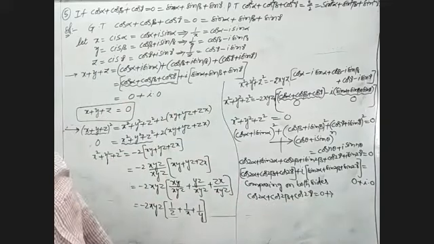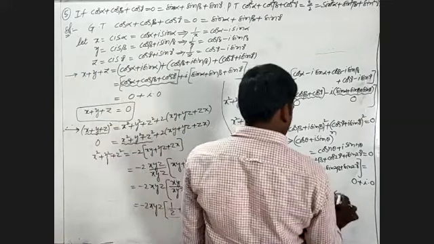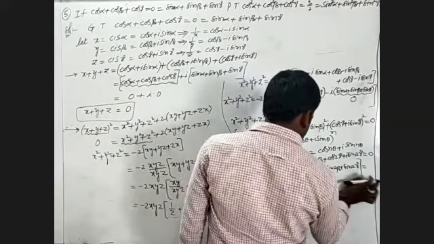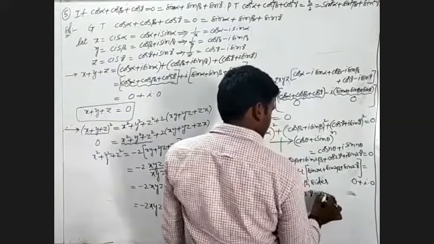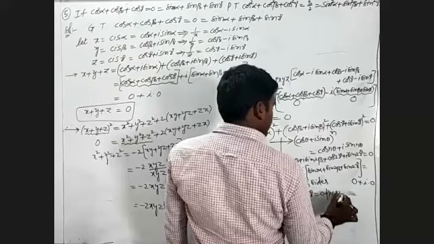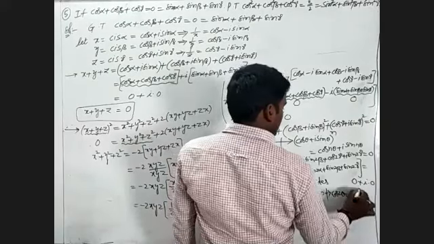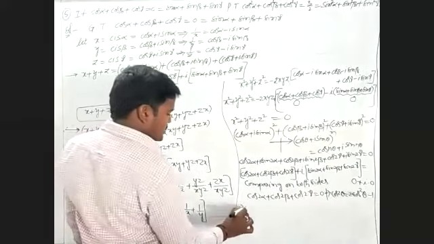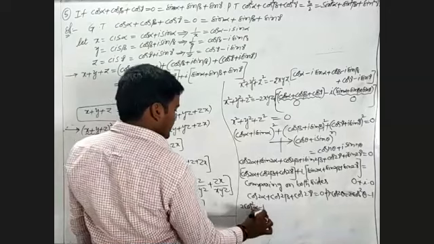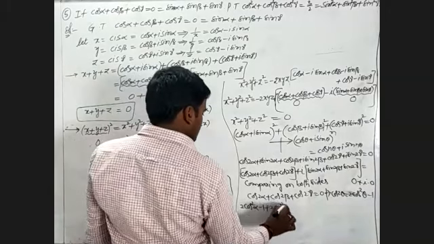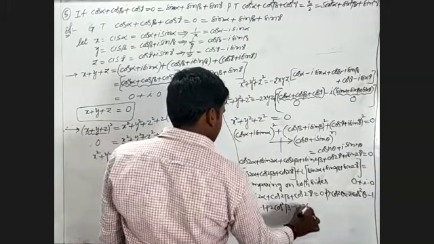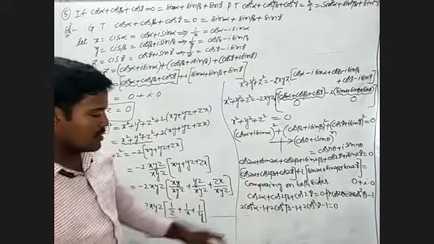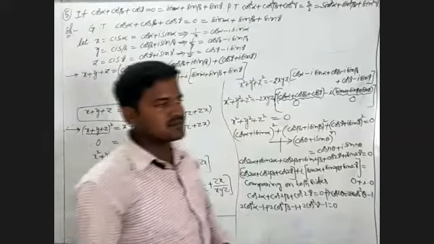Cos 2 theta in terms of cos theta: cos 2 theta is nothing but 2 cos square theta minus 1. Here also we write 2 cos square alpha minus 1 plus 2 cos square beta minus 1 plus 2 cos square gamma minus 1 equal to 0. Minus 1 minus 1 minus 1 is minus 3.